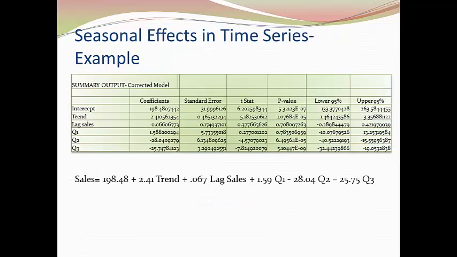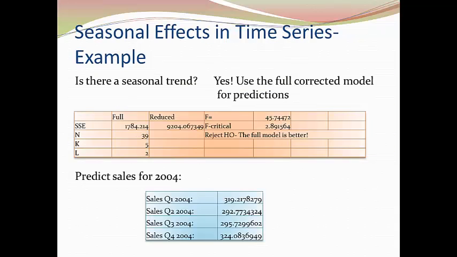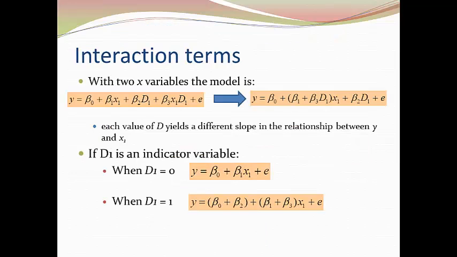Okay. Plus 0.067 times lagged sales. So look at the previous sales value and include that in there. Then I'm trying to predict quarter 1 in 2004, so plus 1.59. And that's how I'm going to get that quarter 1 sales in 2004.